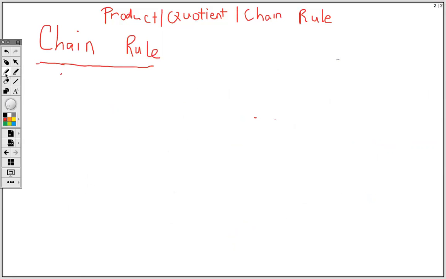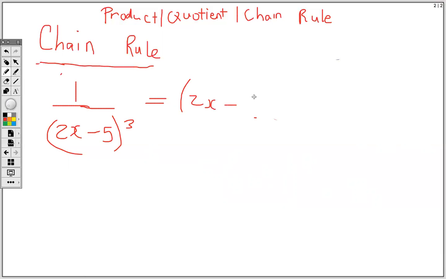So if it was 1 over 2x minus 5 to the 3, then I have to rewrite this as 2x minus 5 to the negative 3. Then we go ahead and carry the negative 3 in front.